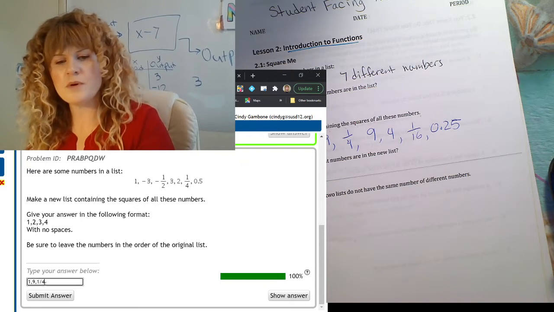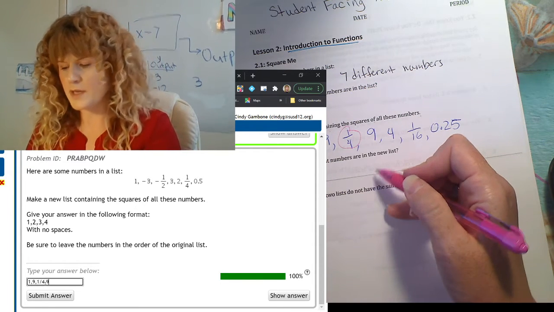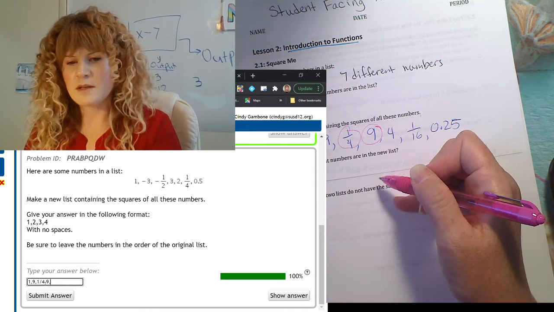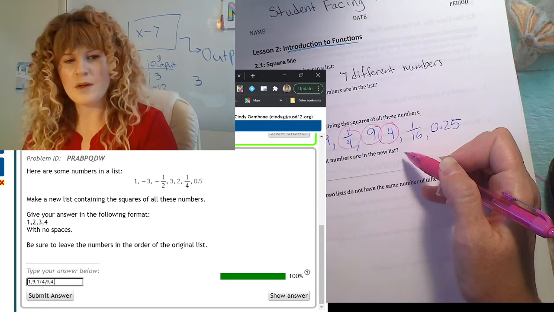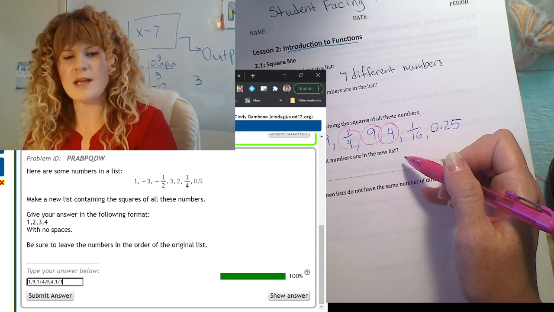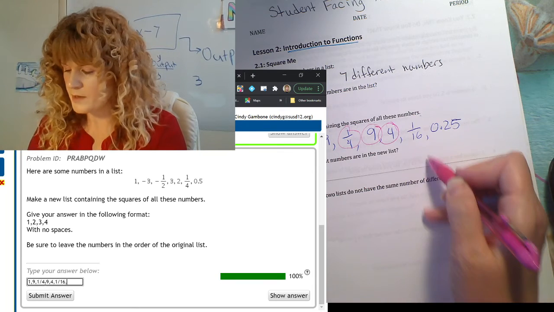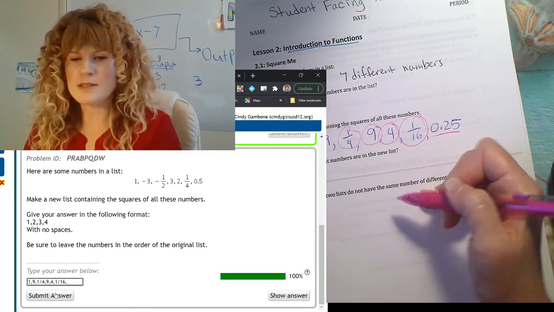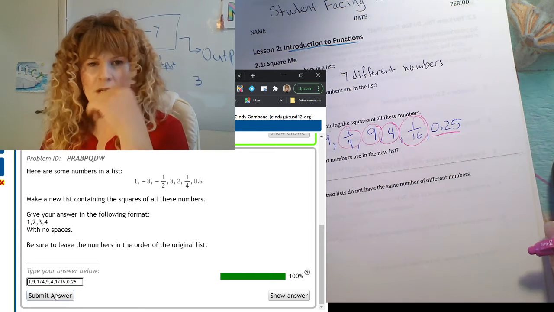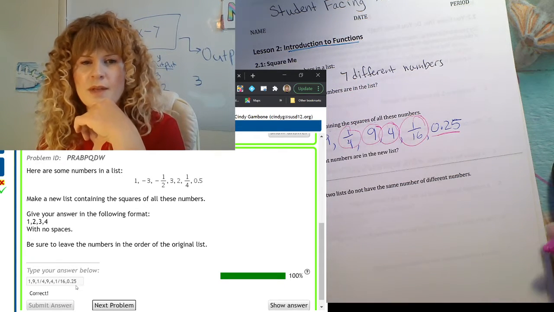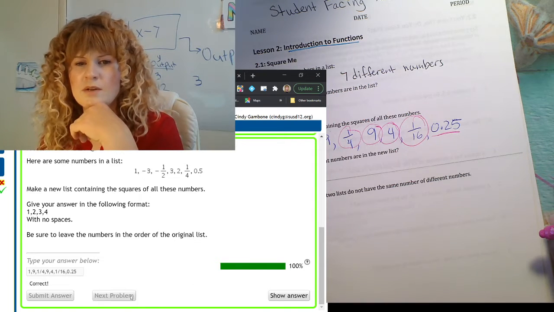One dash 4 is 1/4, comma, 9, comma, 4, comma, 1/16 is 1 dash 16, comma, and then 0.25. And I'll check and see. Woohoo! Okay, I typed it in correctly. It gave me 100%, and I can go to the next problem.